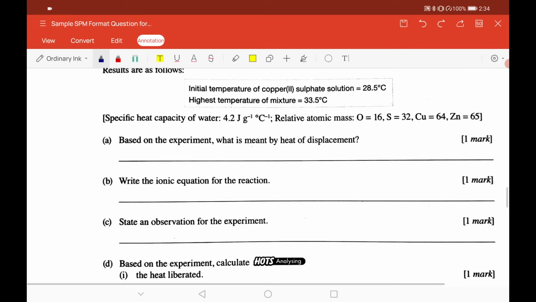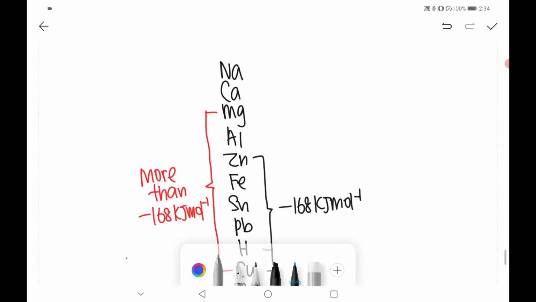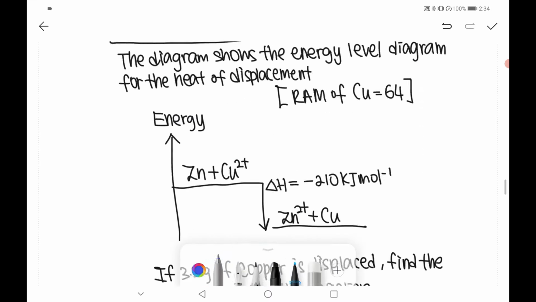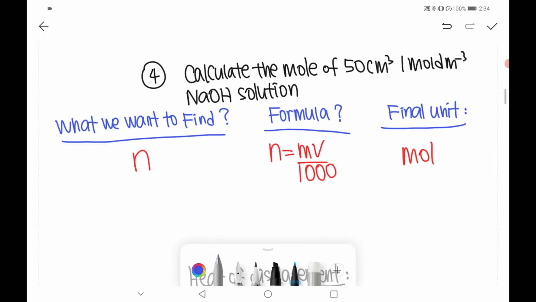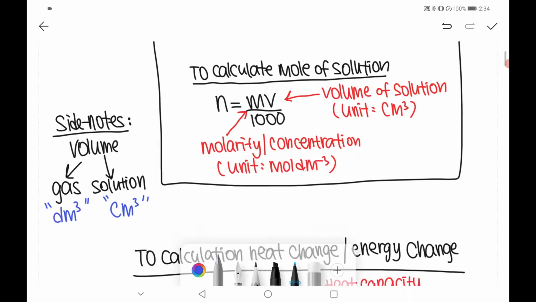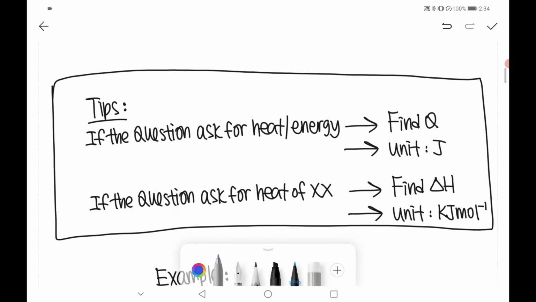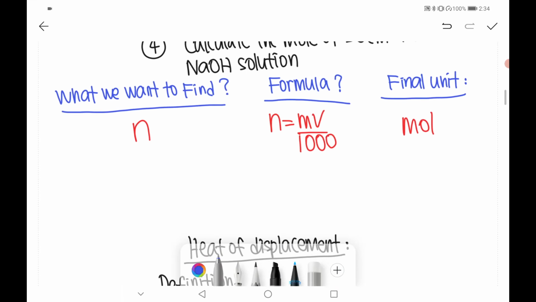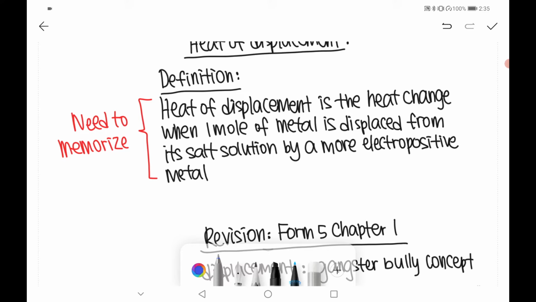Okay, so if you look back at the previous part, this is the definition. Come back to the front part. Heat of displacement is the heat change when 1 mole of metal is displaced from the salt solution by a more electropositive metal.